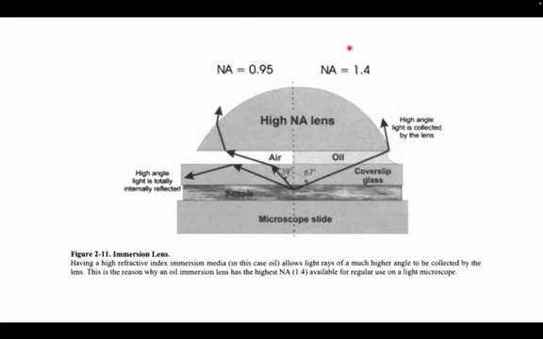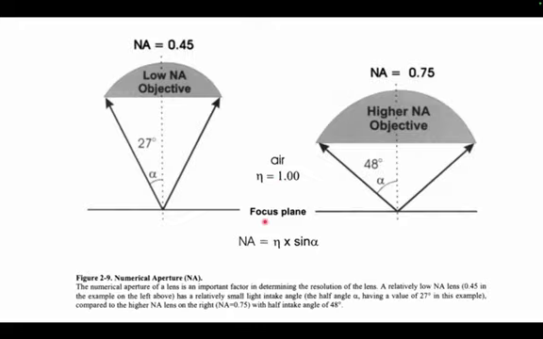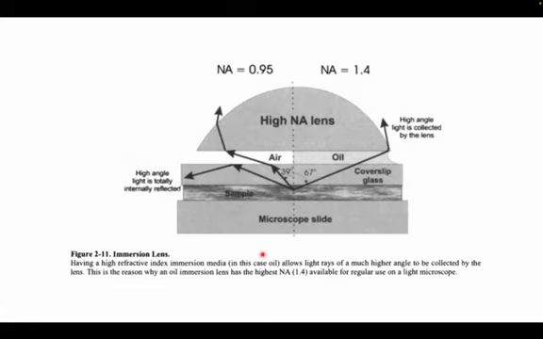And so what we see correspondingly is an increase in the numerical aperture, because remember this is the formula for numerical aperture, and now we've just increased nu. So 1.4 is generally the highest numerical aperture that we can achieve in a light microscope.